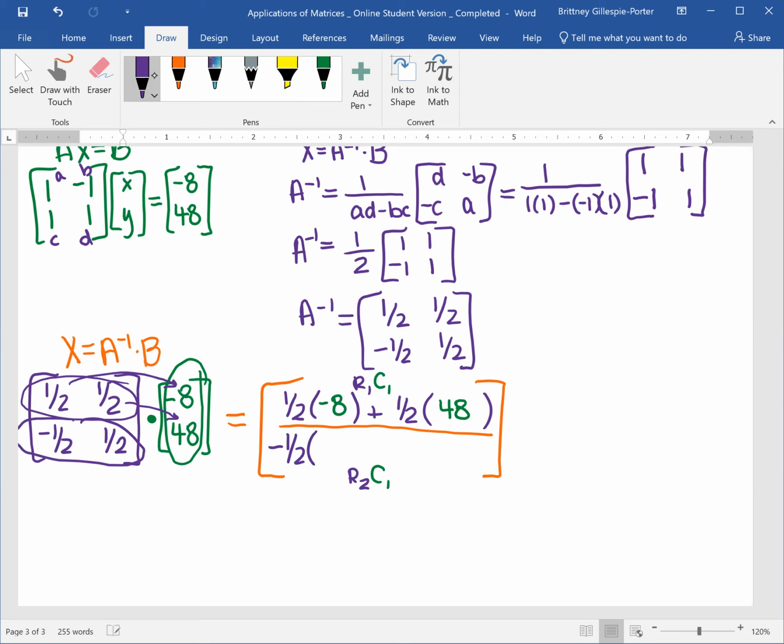First is negative 1/2 times the negative 8, and then plus 1/2 times the 48. Remember, if you've done the multiplication correctly, what is in the parentheses should line up. And we wind up getting 20 up top, 28 down below.